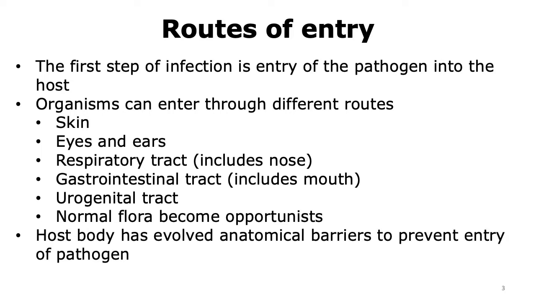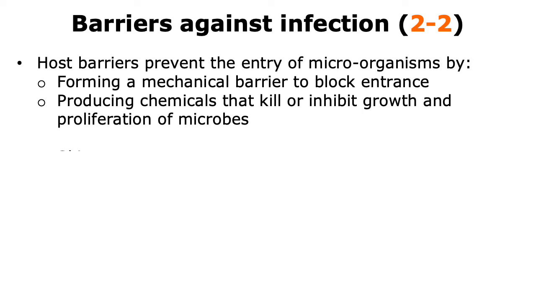Now, the host has evolved many different ways to prevent entry of pathogens. And one of these ways is by having anatomical barriers. So let us look at some of these barriers. There are different barriers that are present in the host to prevent the entry of microorganisms.